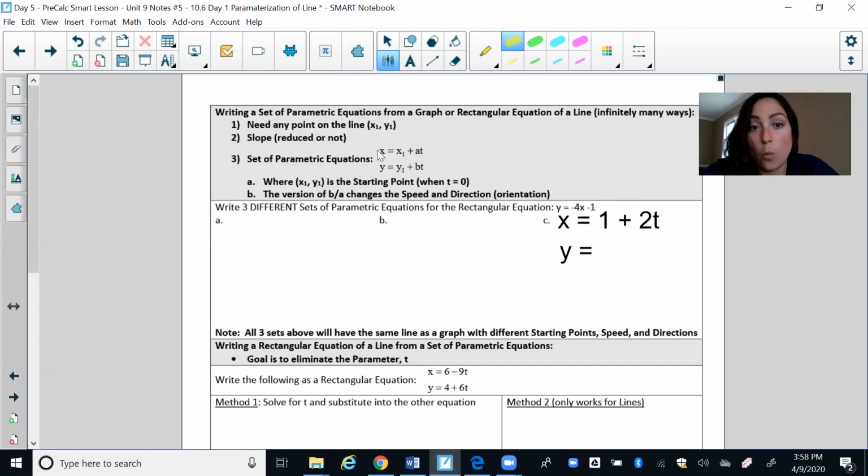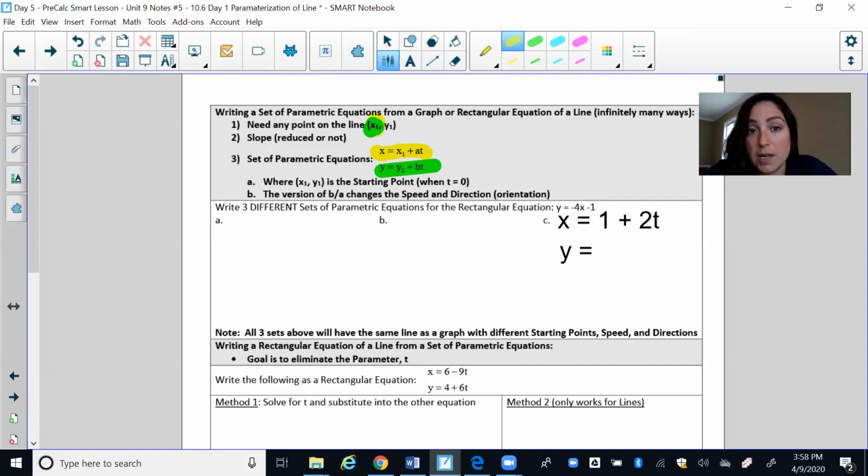And it says, what's just happening to our x values over time? What's just happening to our y values over time? So if we're looking at just our x values, we have x is starting here.